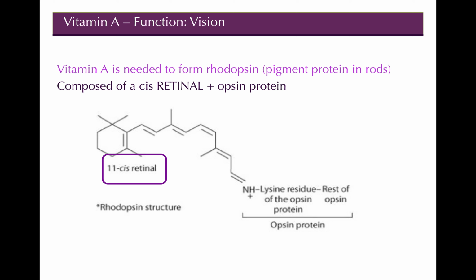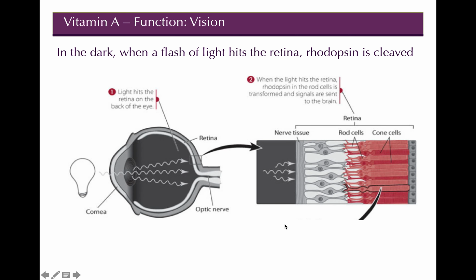But I'll show you exactly what I mean. So the protein pigment that we're making is called rhodopsin. Rhodopsin has a cis retinal, so retinal in the cis form, attached to an opsin protein. So really, this thing stuck on the retina is rhodopsin, a cis retinal attached to an opsin protein.